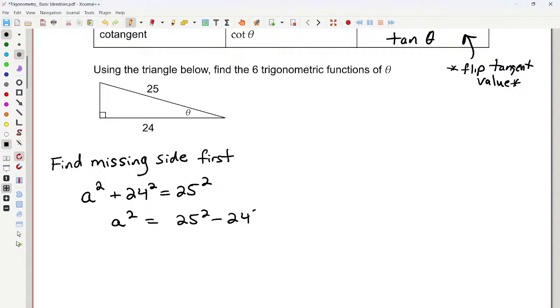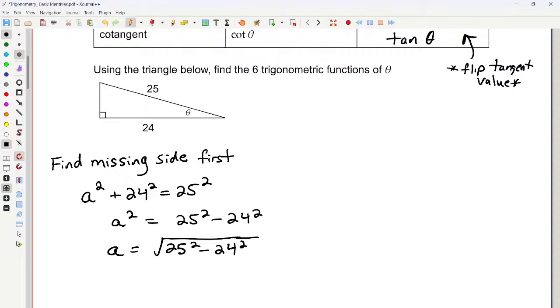I'm going to subtract 24 squared, and I'm going to take a square root of that. I know I'm writing this in a very strange way. I'm just trying to use my calculator less. I could have used a calculator right here. I didn't. I subtracted 24 squared on both sides. I could use a calculator right here. I didn't.